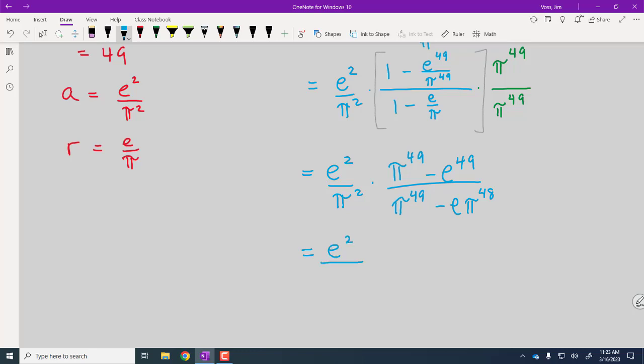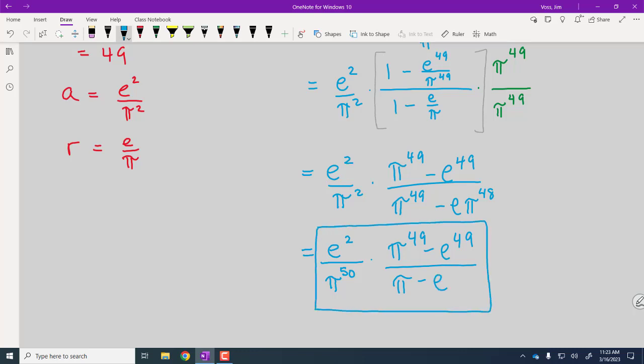So we have this over pi to the 50. And then here we still have the same numerator. And we pull that. So that's going to be our exact answer in simplified form.